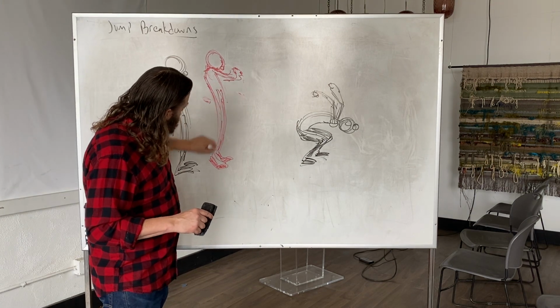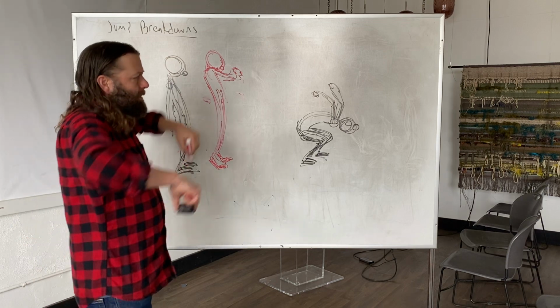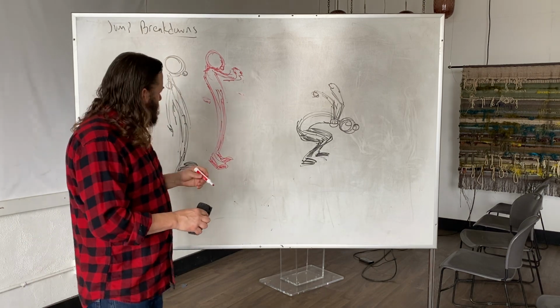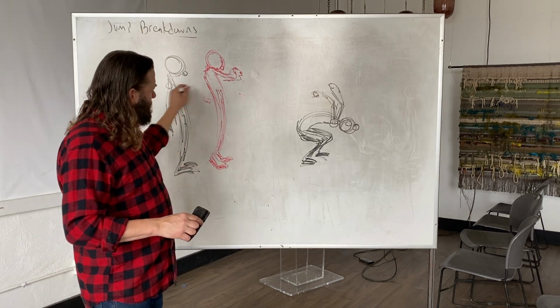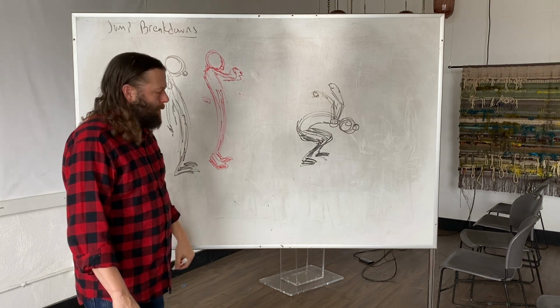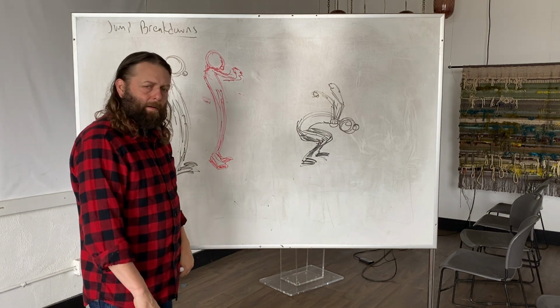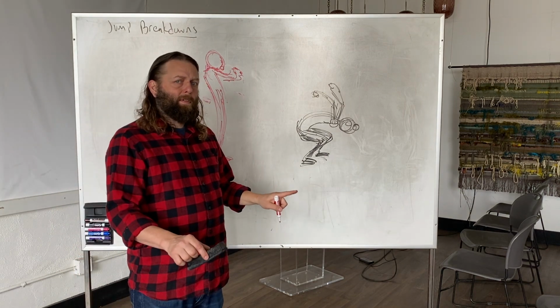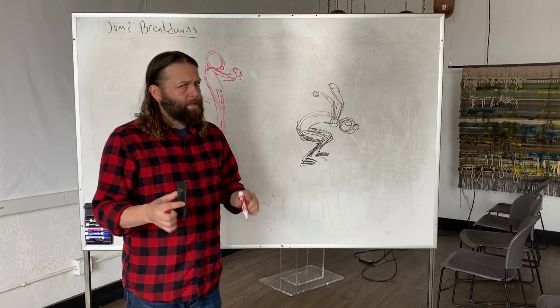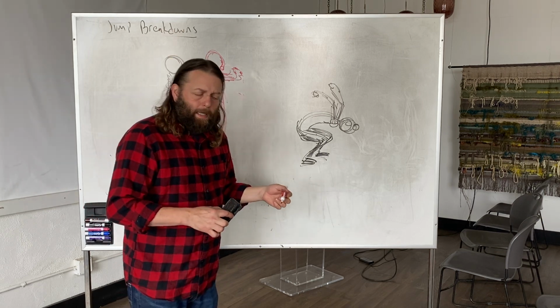In the breakdown phase, here, right now, he does this. And then I could also add a breakdown here. Let's say I wanted to break down between these two, and I decided the arm should start that, right? This is pure overlapping action. Overlapping action is also part of drag.